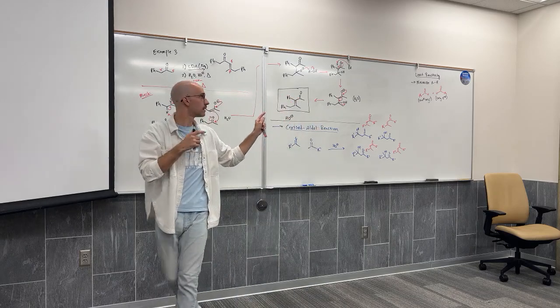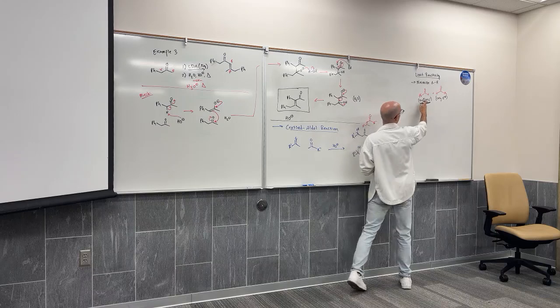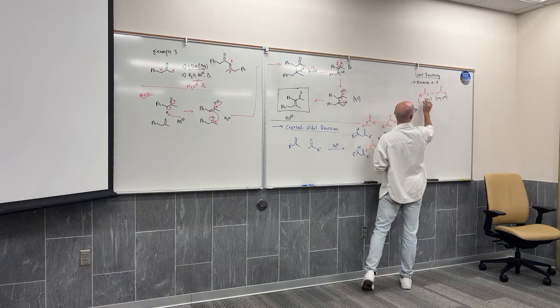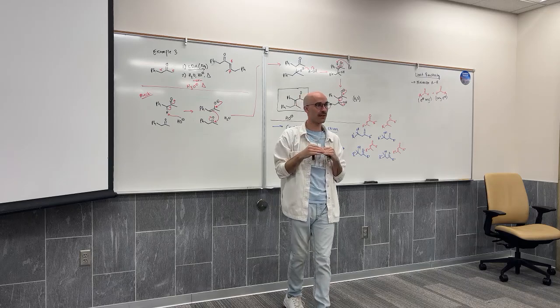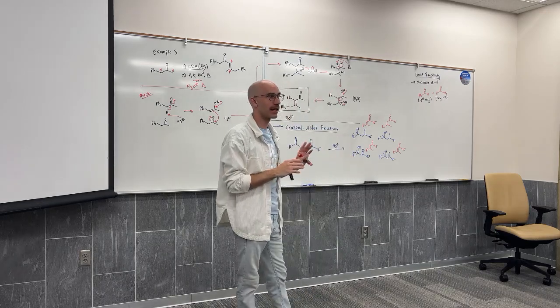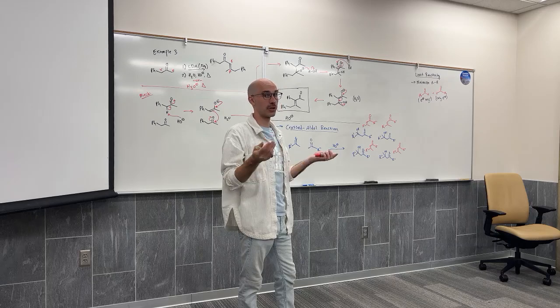Benzaldehyde on the left can only, excuse me, I said that incorrectly. Benzaldehyde on the left can only be an electrophile. This is an electrophile only. Benzaldehyde has no alpha hydrogens that it can use to attack or be turned into an enolate.